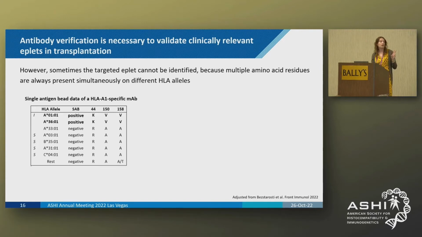And here we have 2 beads that are positive, and the rest of all the beads in the panel are negative. And if we then look at the amino acid sequence of the differences and the similarities between all the different alleles in the panel, we identify 3 positions that are uniquely shared for these 2 alleles. So in this case, it's position 44K, 150V, and 158V.